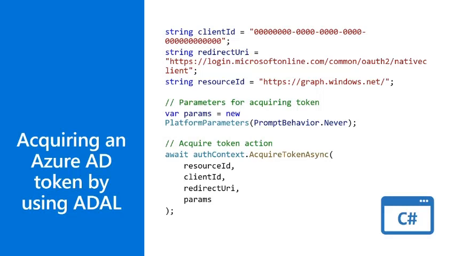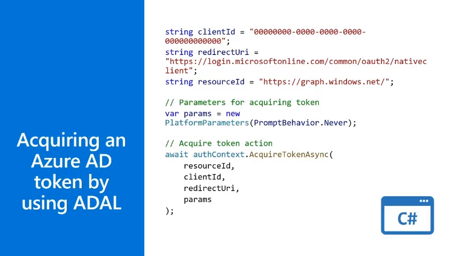If ADAL determines that the user needs to sign in to get a token, it will display a login dialog, collect the user's credentials, and return a token upon successful authentication. If ADAL is unable to return a token for any reason, it will throw ADAL exceptions.